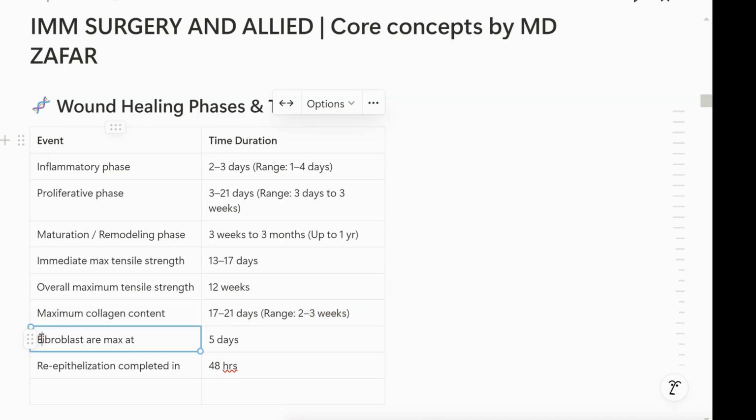Regarding fibroblasts, they can ask you that fibroblasts reach their maximum at the 5th day. Now, fibroblasts are the cells responsible for laying down collagen. Collagen is one of the most important building blocks for the wound healing process. We'll talk about this in a short while. Then, re-epithelialization is completed in 48 hours.